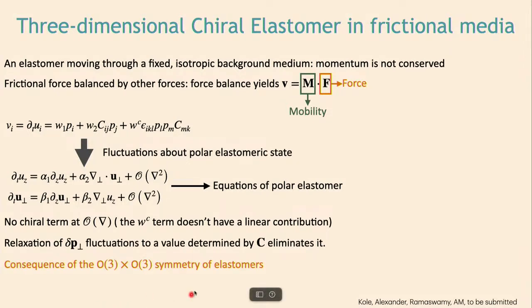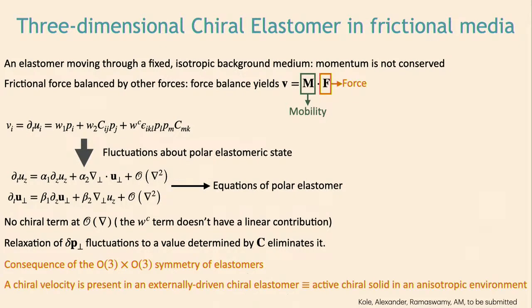And this is really a consequence of the O(3) cross O(3) symmetry of elastomers. What that means is this set of equations can be stable, because I showed you that this is stable in the earlier part of my talk. However, now let's consider a chiral active elastomer moving in an external anisotropic medium, or a chiral elastomer driven by a field of some sort.